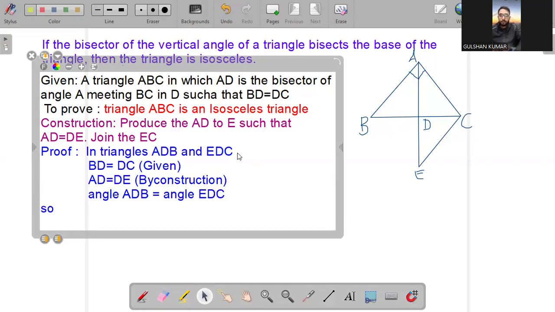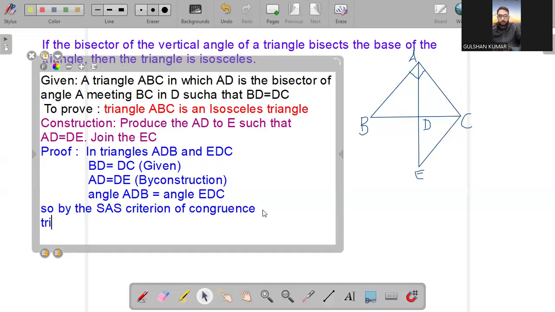So by the SAS criterion of congruence, triangle ADB is congruent to triangle EDC.